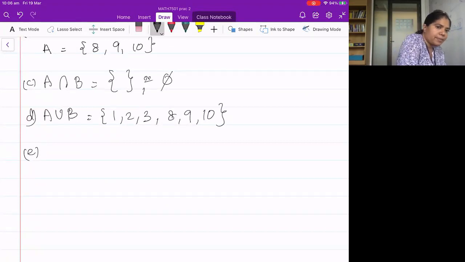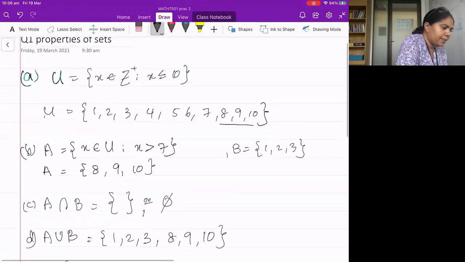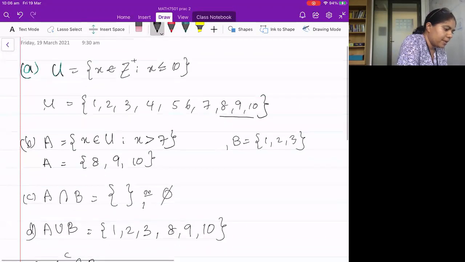what is A complement intersection with B? To do that, we need A complement in U. A complement is all the elements in U without these elements.